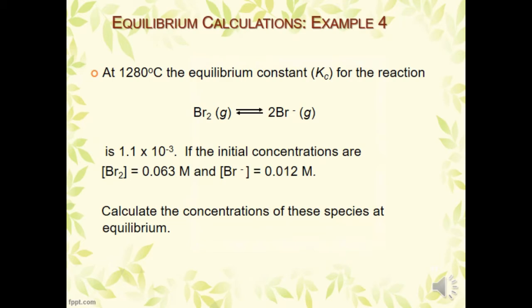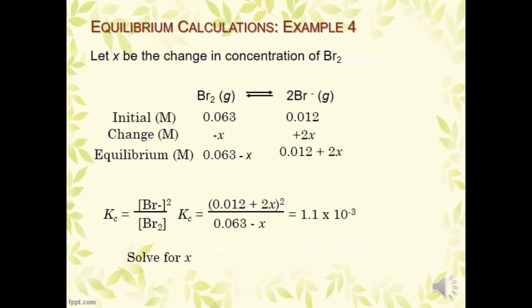So how to solve this problem? Again, to solve this question, we draw the ICE table. So the ICE table is constructed here, given the initial concentration, and then the equilibrium for both species. Substitute this inside the expression, and the Kc value is given, so we can solve for x.